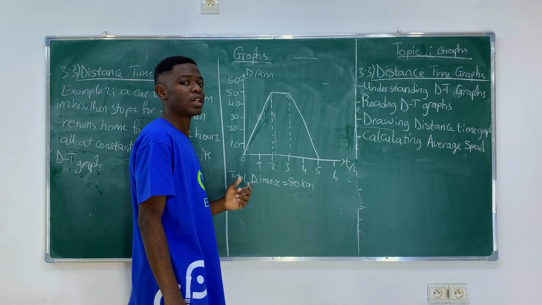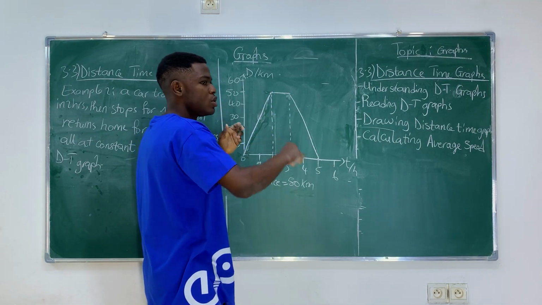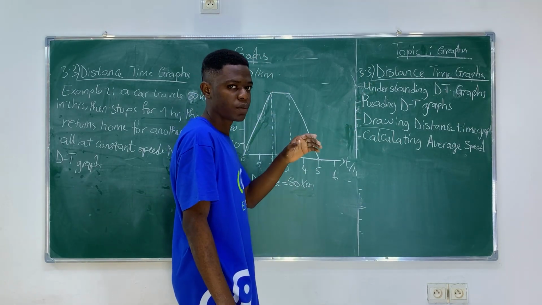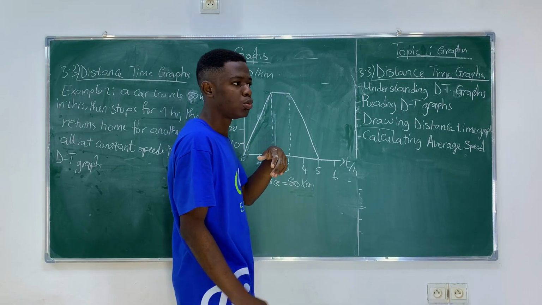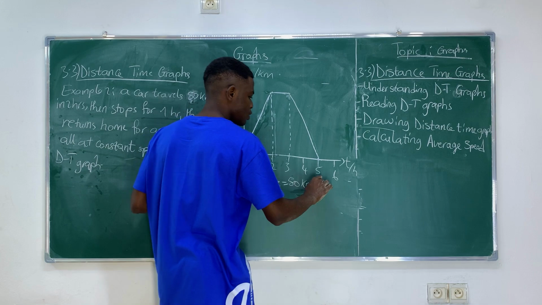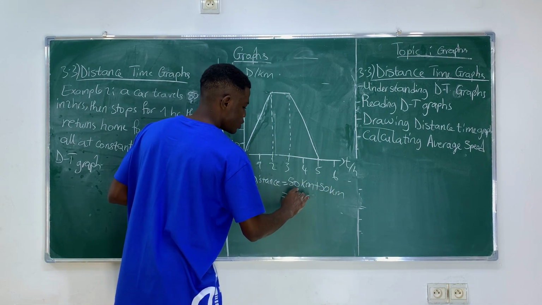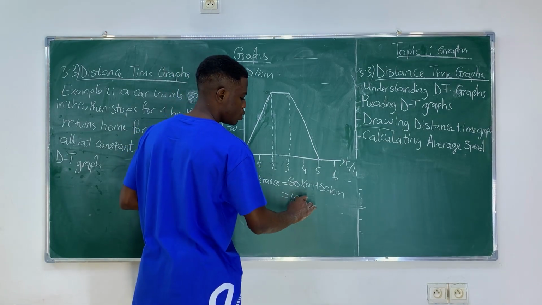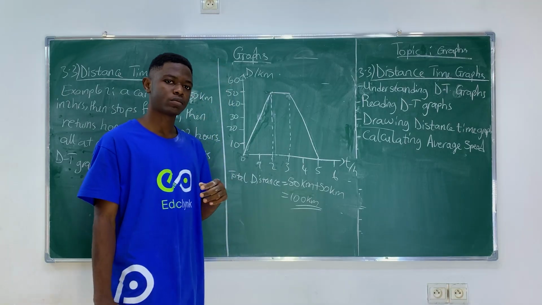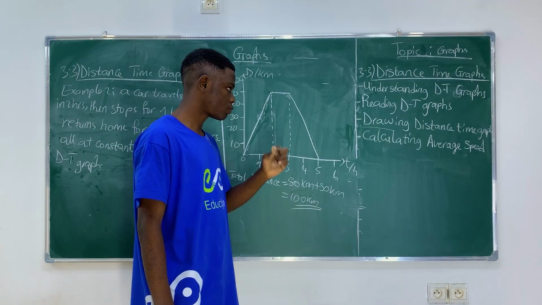When it returned home, it moved the same distance that it went. So if you walked 50 kilometers, stopped there, and then returned home, you move another 50 kilometers. When you sum the two distances, you have 100 kilometers. This is the total distance traveled by the car.